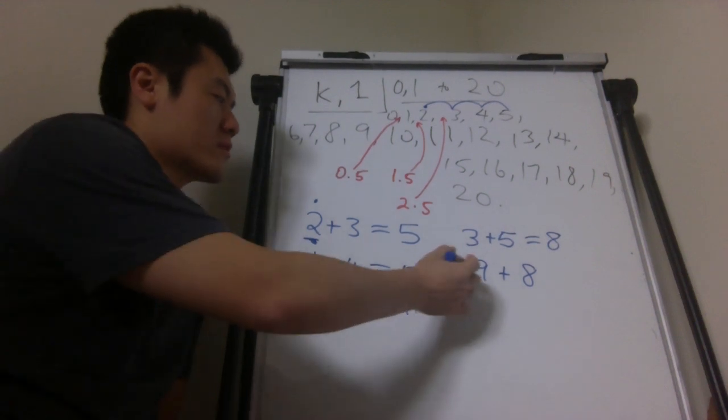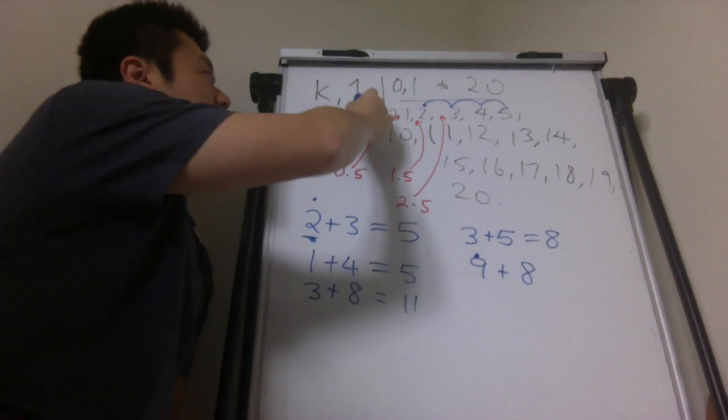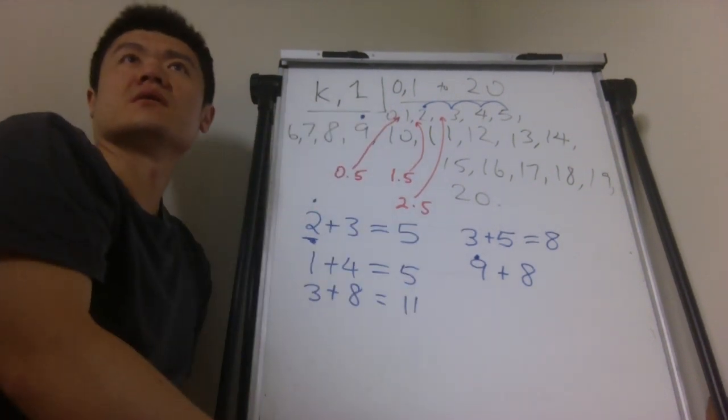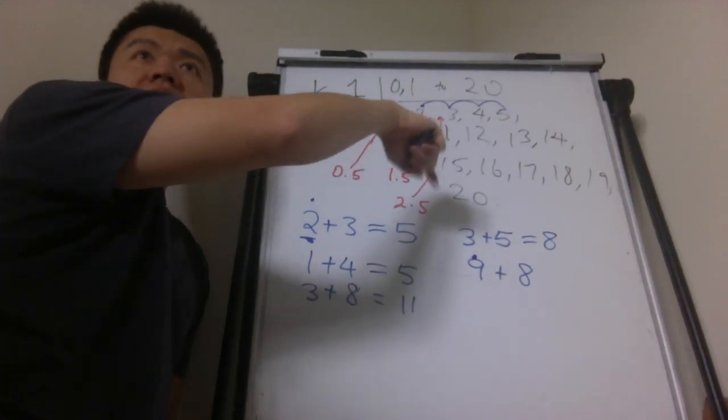So look, remember what I said about adding, okay? So you have 9, yeah? 9 is here, yeah? And then plus 8 means I want to go forward 8 times.